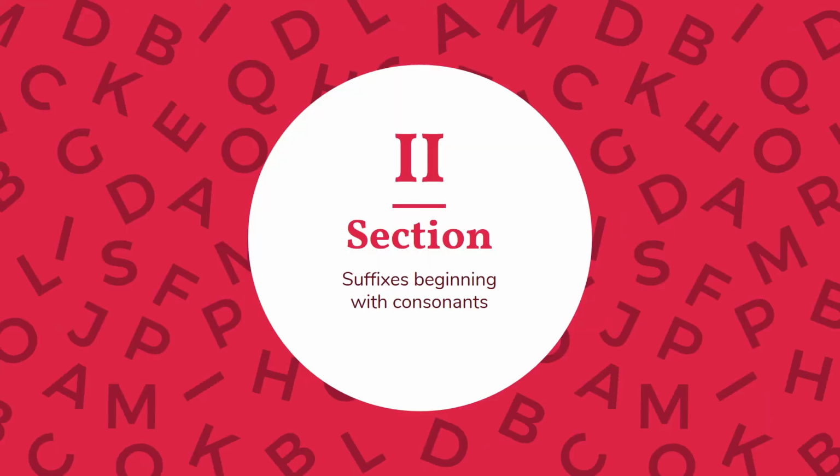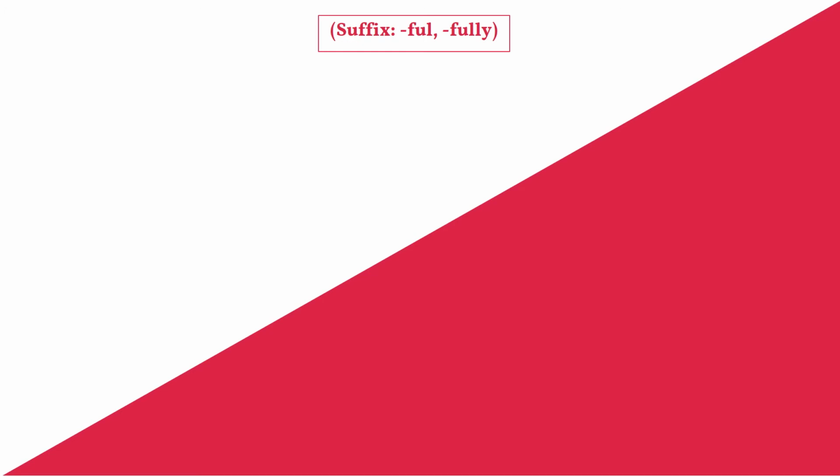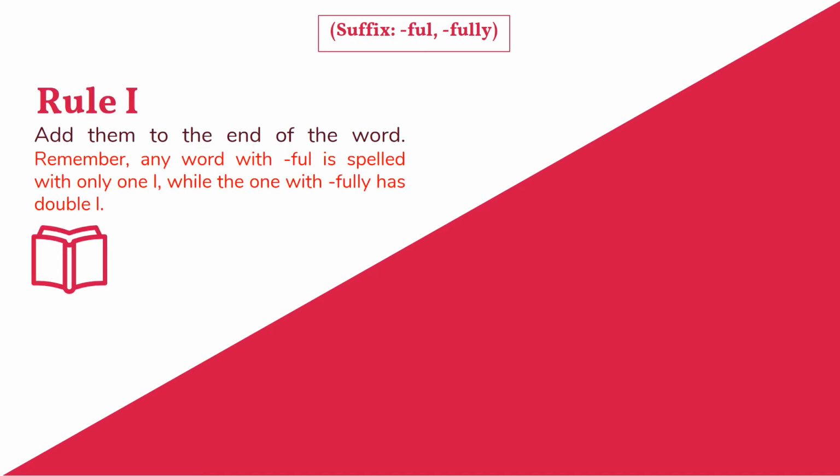Now, moving on to the next section in which we discuss suffixes that begin with consonants. So let's start. For these two suffixes, the rule states that we simply add them to the end of the word. But a point to remember, any word with full is spelled with only one L, while the one with fully has double L in it.